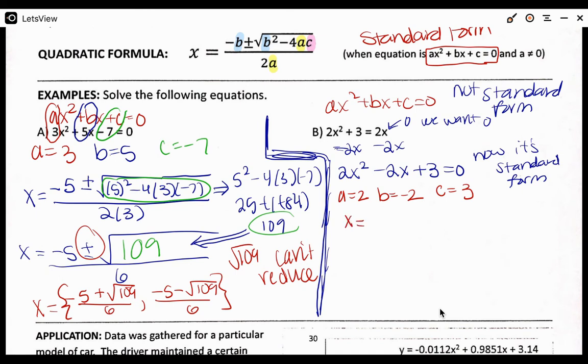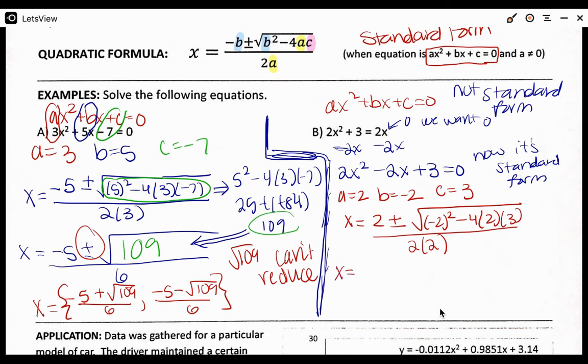So x is equal to positive 2, because it's a negative, and up here we have a negative, so it's positive, plus or minus the square root of negative 2 squared minus 4 times a times c, all over 2a.